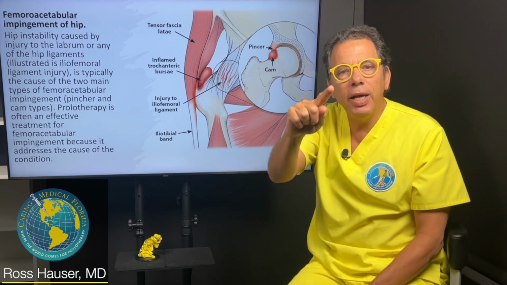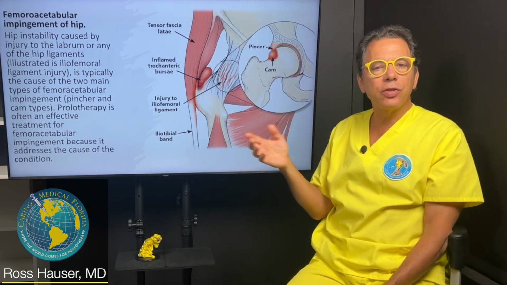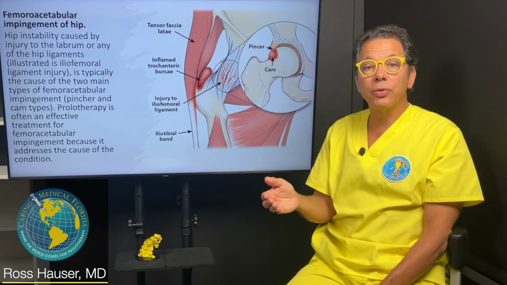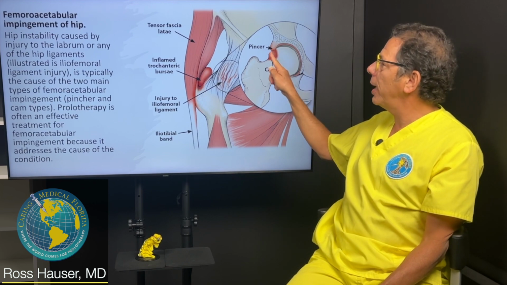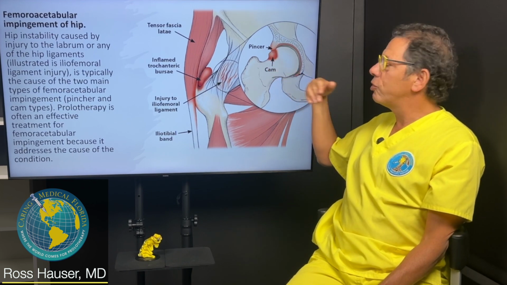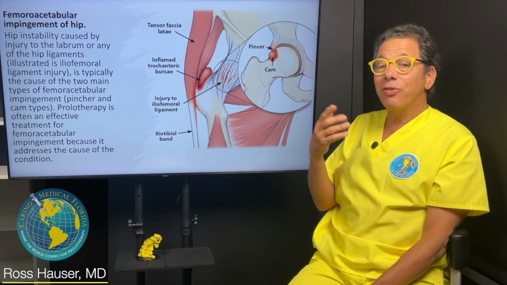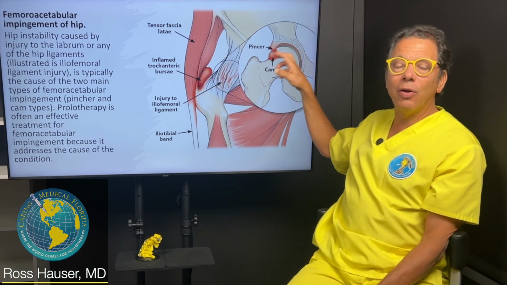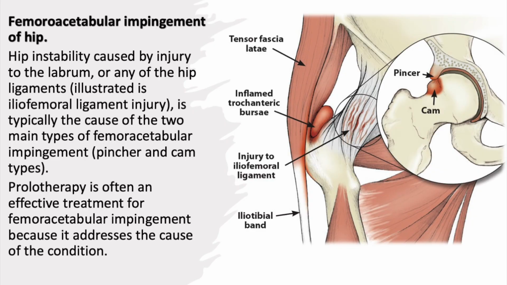We can see these bumps, the pincher bump or the cam bump, on x-ray or on our motion x-ray. On motion x-ray you'd see these things colliding. So the treatment is, well, you would say, doesn't it have to be shaved? Well, it's amazing, once you tighten all the ligaments, these things just typically don't bother you as much.